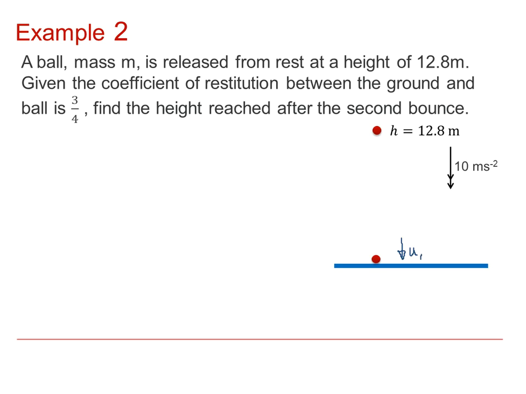Now we've got potential energy at the top as it's starting from rest, and that's converted into kinetic energy at the bottom just before impact. We can say that the potential energy at the top is equal to the kinetic energy just before impact.